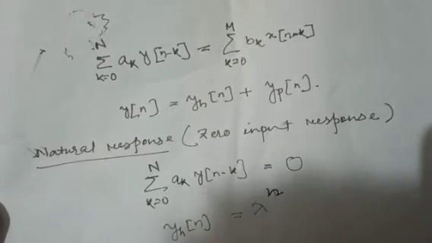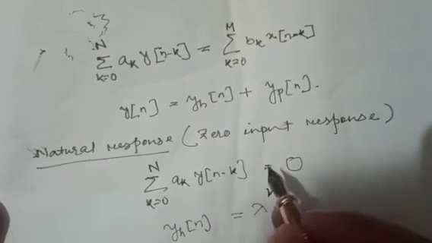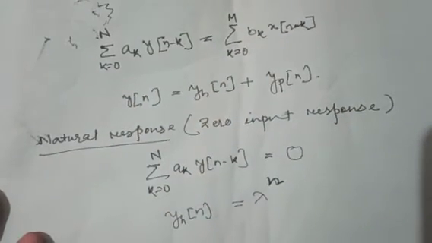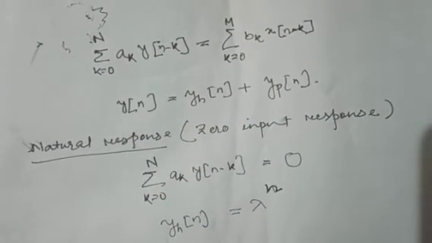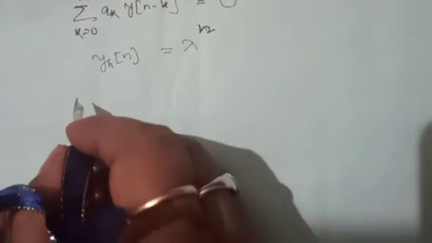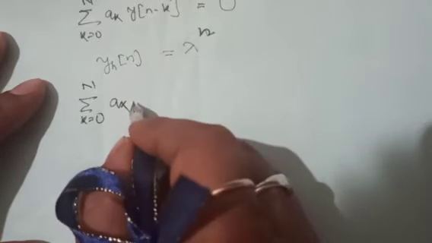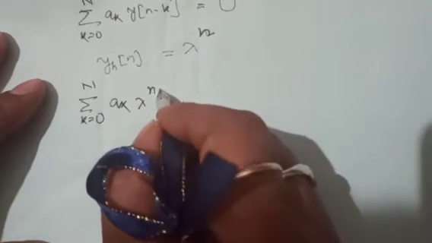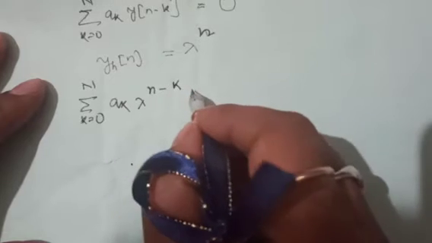If we substitute lambda to the power n for y, we can write summation over k equal to 0 to N of a_k lambda to the power n minus k equal to 0.